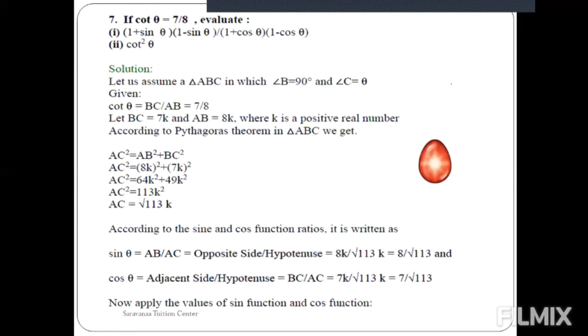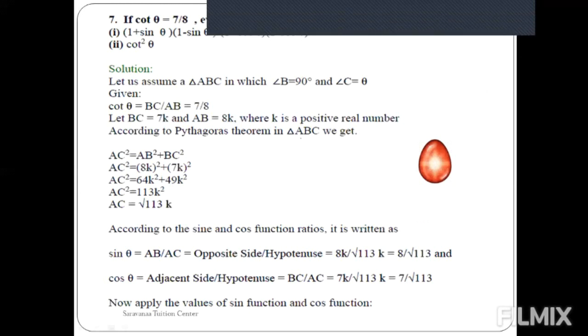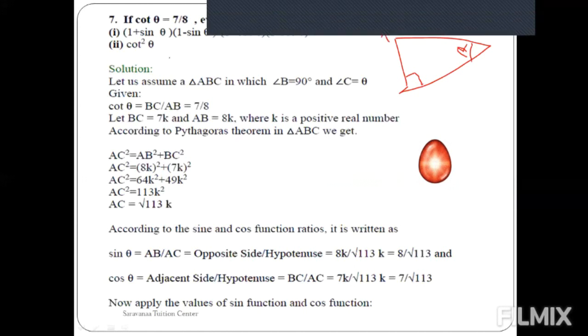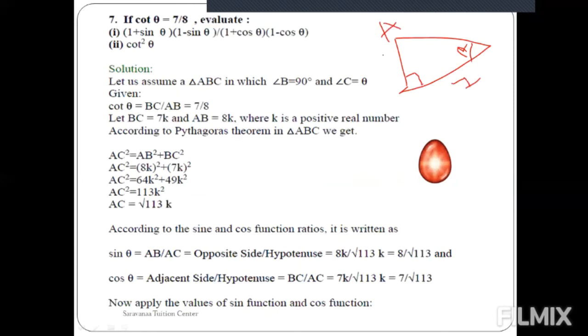If cot theta equals 7 by 8, evaluate. So let us assume a triangle ABC in which angle B is 90 degrees and angle C is theta. Now cot theta equals adjacent by opposite. So adjacent is 7 and opposite is 8. And we need to find the hypotenuse by using Pythagoras theorem, and that is root 113.